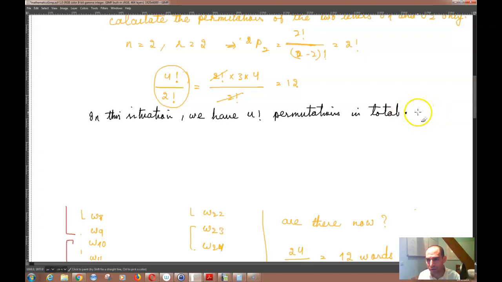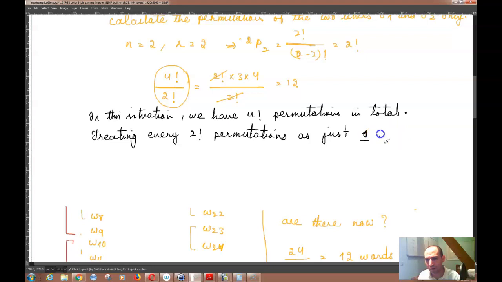Now treating every 2 factorial permutations as just one permutation, how many permutations are there now?